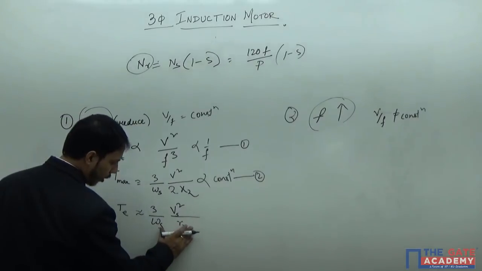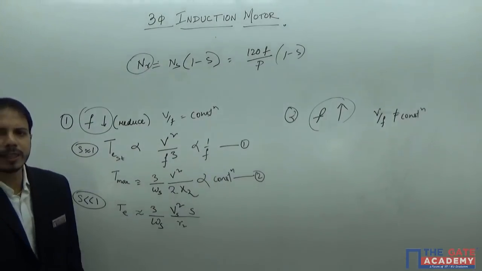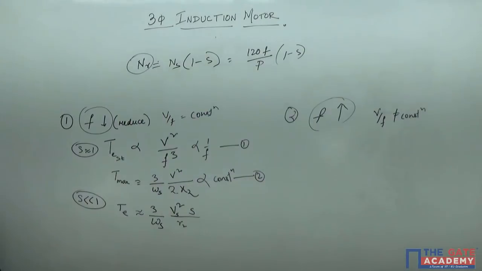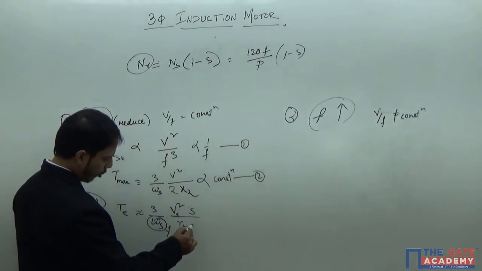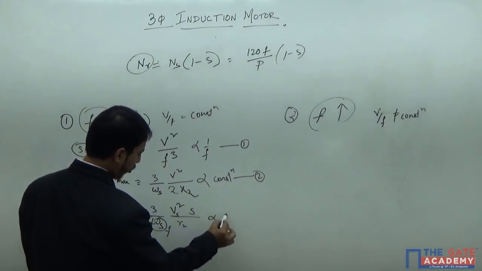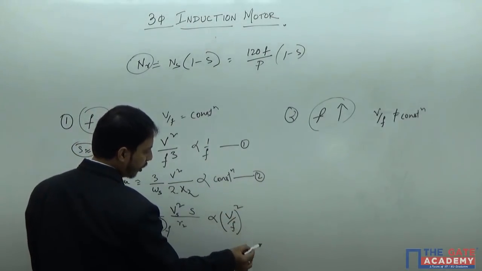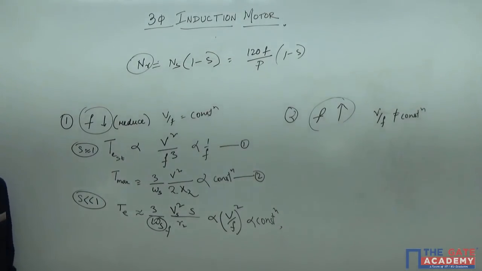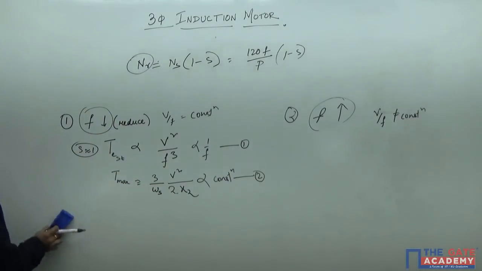So slip will come here, and the slip we know is Ns minus Nr by Ns. So slip is inversely proportional to frequency. At that particular case, this will be proportional to frequency, and this will be inversely proportional. So it will become V by F whole square, which is constant. So the third one is not much important. These two are sufficient for us to analyze.